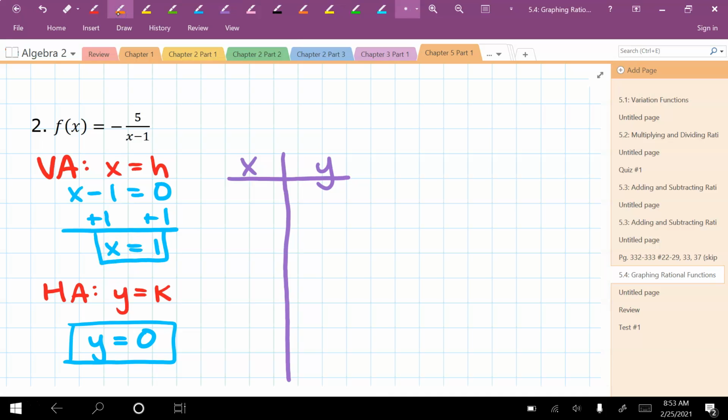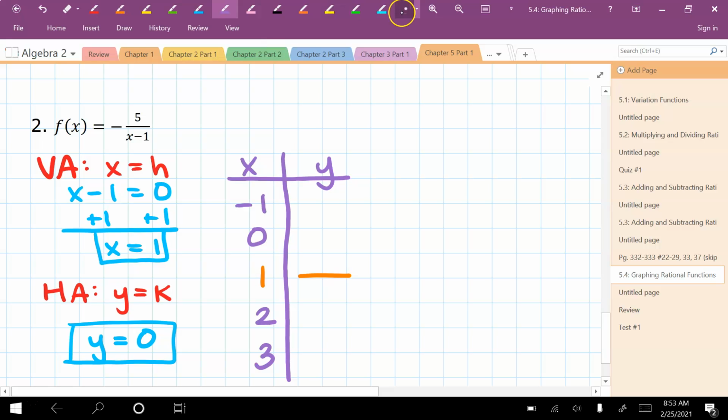So if it helps you, like I said, I've seen some students put a 1 in the middle of the chart, but they won't actually evaluate it there, because that's where it becomes undefined. So I want to pick a couple of numbers above and below 1. Below 1 would be like 0 and negative 1. What would be two numbers above 1 then? Good, 2 and 3.